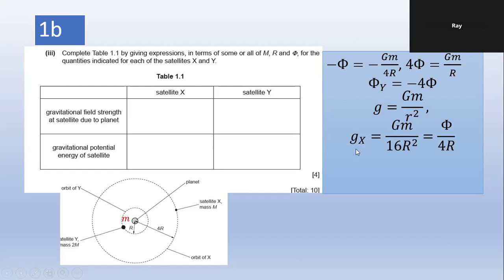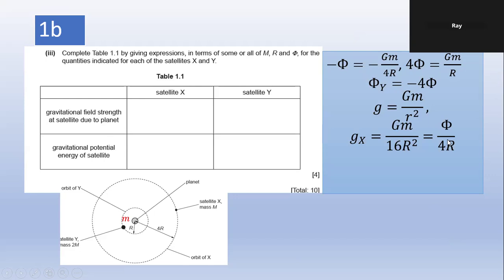For X, GM over r squared. For Y, GM over 4r, 4r squared is 16r squared, right? GM over r is 5. Use this one. Cancel the minus sign there.